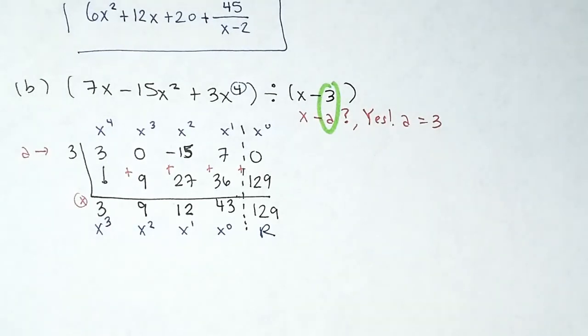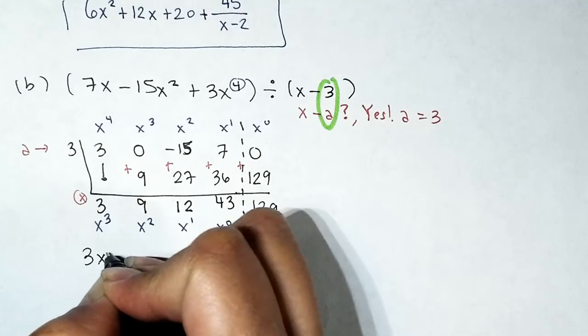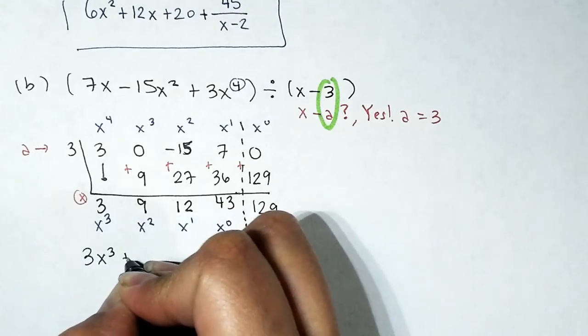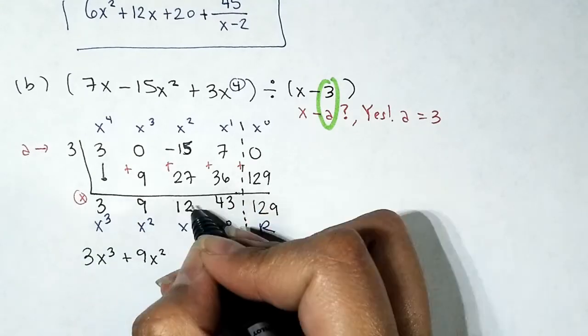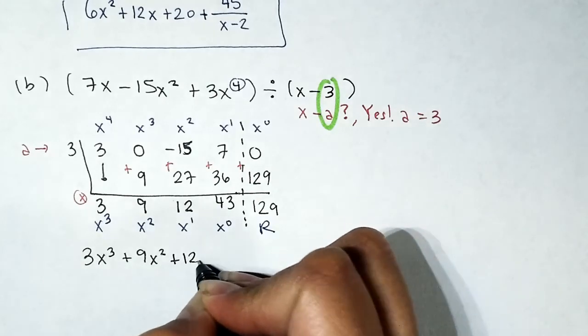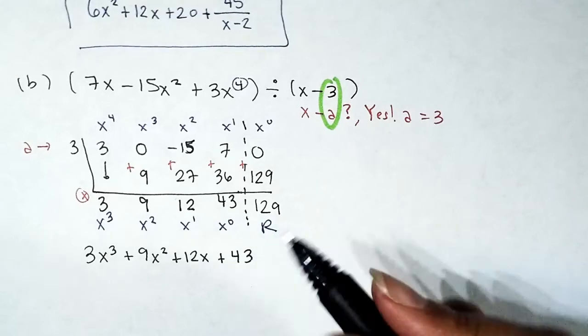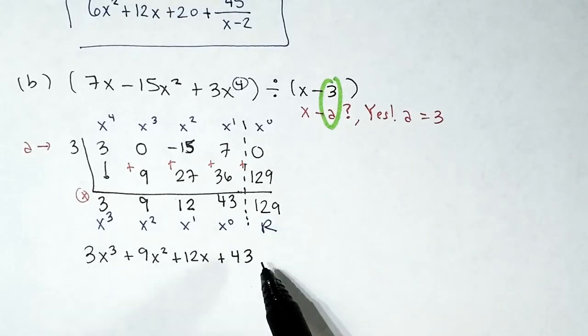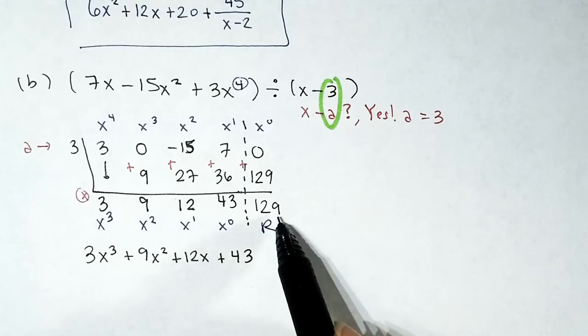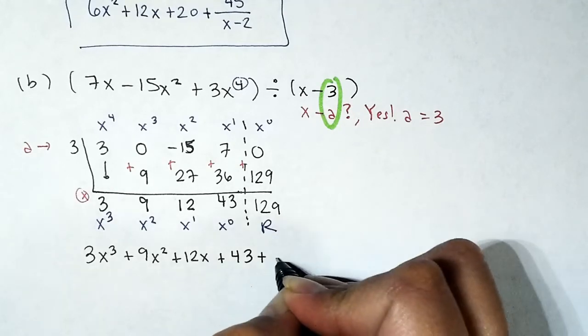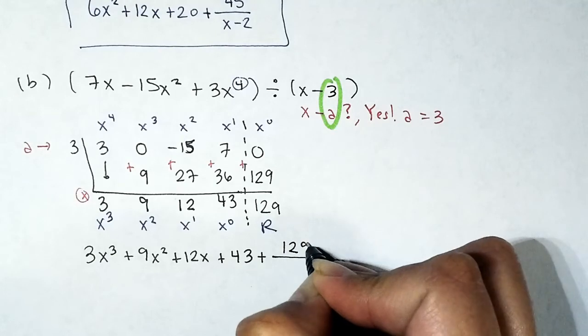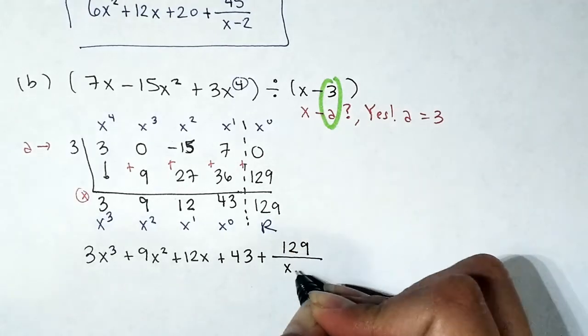Okay, so we have 3x cubed plus 9x squared plus 12x plus 43. And again, if you bring down the x to the 0 because you're nervous, then just simplify it. x to the 0 is 1. Okay, plus this remainder, so plus 129 over the divisor of x minus 3.